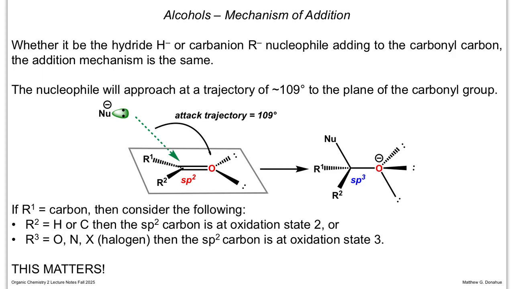I'll lay that out mechanistically on the next slide or two, where you get an elimination and then a second addition. That's how you can overall go from oxidation state 3 all the way down to 1. So paying attention to the oxidation state here is really going to be important about how you predict where this thing stops.